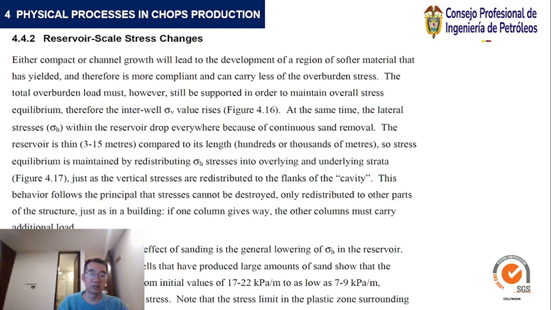Nearly equal to the vertical stress. Note that the stress is limited in the plastic zone surrounding.